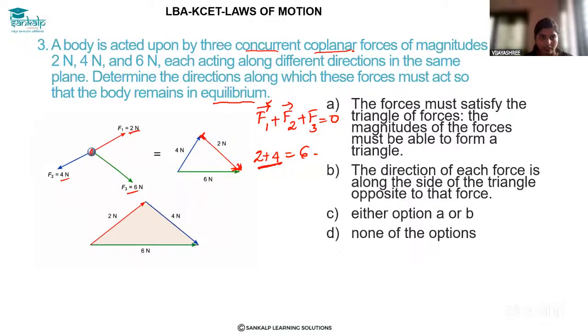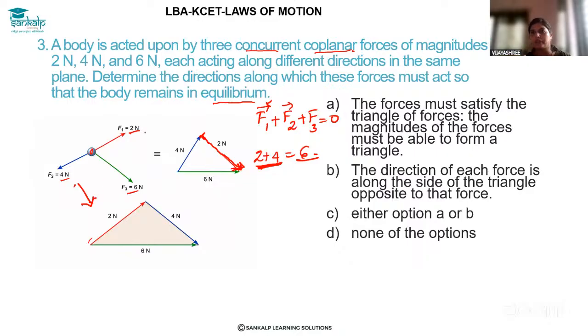By the triangle law of vector addition, 4 Newton and 2 Newton we have to take in order, and the resultant will be in reverse direction. So the resultant will be in reverse order. 2 Newton and 4 Newton we have taken in order. So 2 plus 4, and the RHS is 6 Newton. So we have to take it in reverse direction, reverse order. Okay, so we can see this.